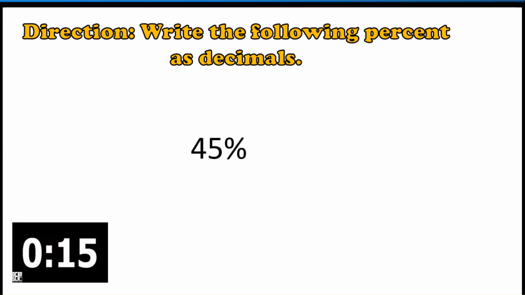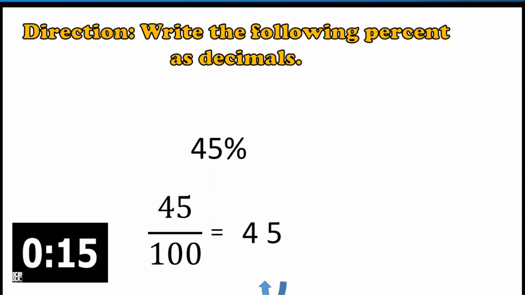So meron tayo ditong 45%. Kapag gagawin natin siyang decimals, i-convert muna natin siya into fractions. So 45%, pag translate natin sa fraction, magiging 45 hundredths, or 45 over 100. Pag gagawin naman natin siyang decimal, i-move lang po natin yung decimal point papunta sa left ng dalawang beses, kasi ang 45 ay whole number na.